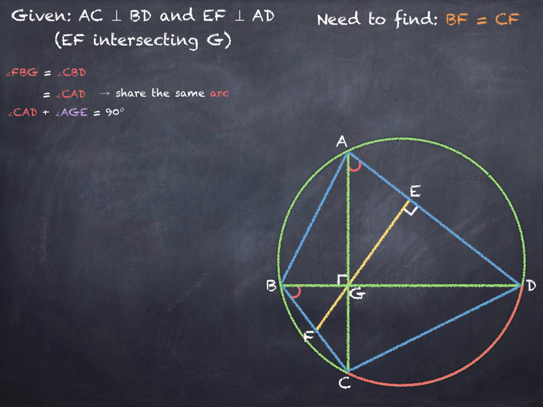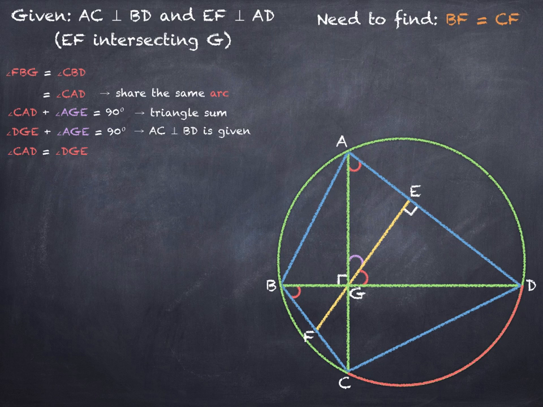Angle CAD plus angle AGE equal 90 degrees by our triangle sum. We'll also find that angle DGE plus angle AGE equal 90 degrees because line AC is perpendicular to line BD, which is given to us.